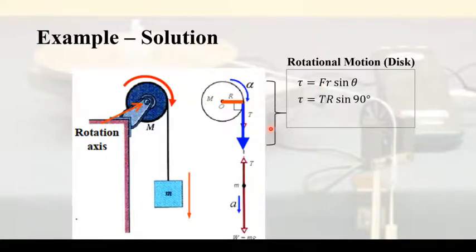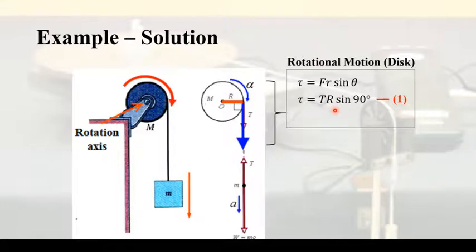Therefore, I substitute F with T. The radius I keep as capital R, and sine 90 degrees, because the angle between the radius and the tension is 90 degrees. So torque equals TR sine theta. That is the first equation that we obtain based on the definition of torque.